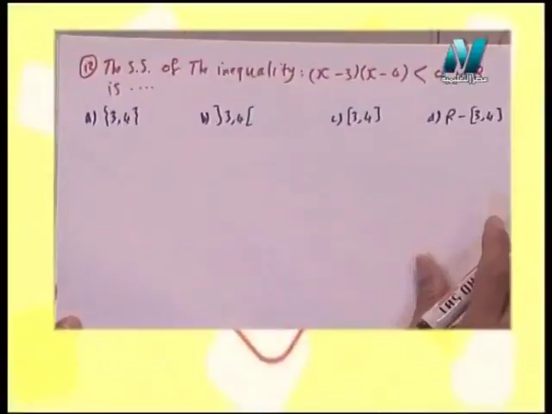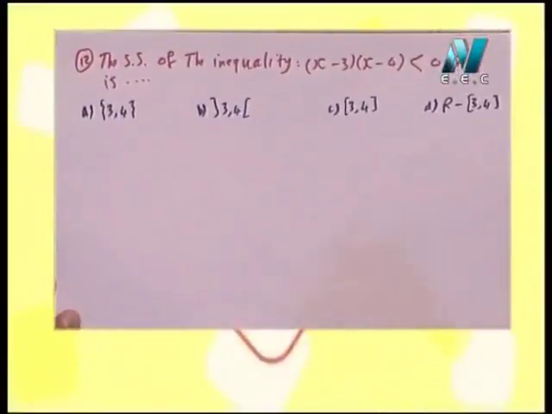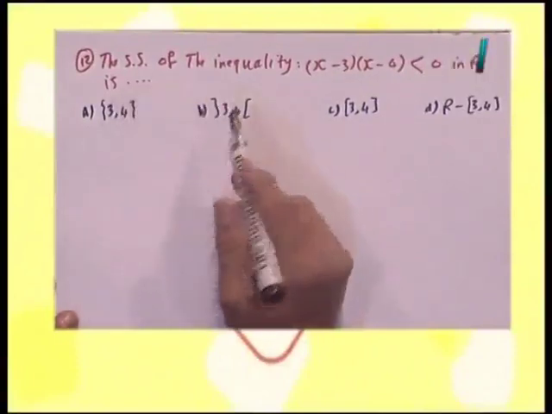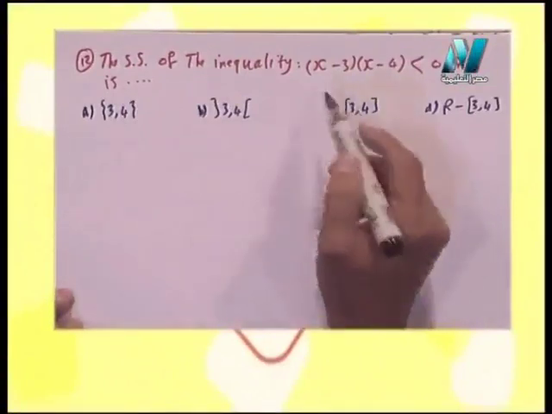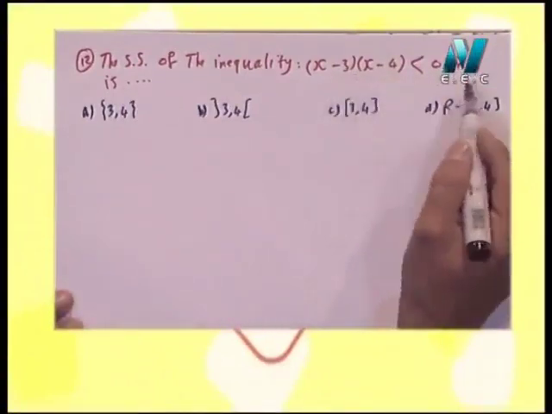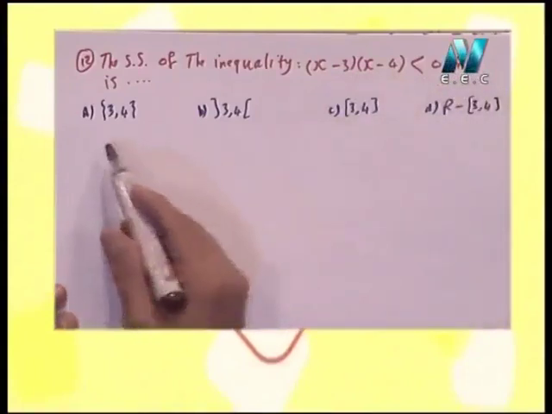Yes, my dear students, we have many questions for you, and this is question number 12. Yes, the solution set of the inequality (x - 3)(x - 4) < 0 in R is what from these?